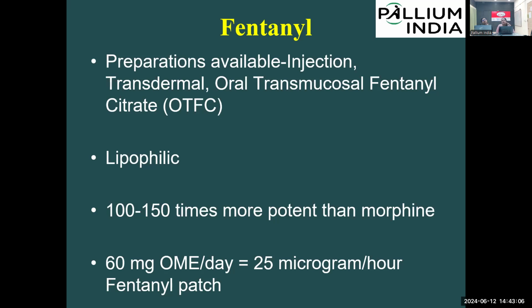What does that mean? A patient who is on 10 milligram of oral morphine every 4 hourly, if the patient has stable pain relief and is unable to take morphine orally, and of course the patient is from a good financial background, and we want to convert him to fentanyl patch, the ideal dose at which we can start would be 25 microgram per hour. This means that 25 microgram of fentanyl is being released every hour.